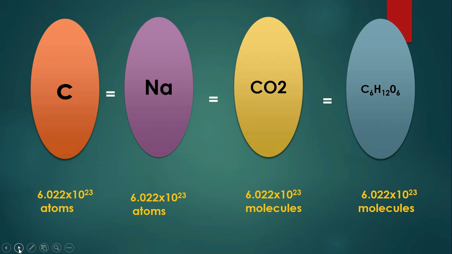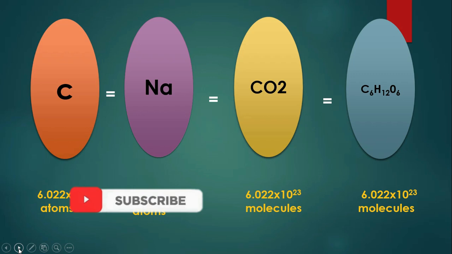Carbon dioxide and glucose are molecules, so we use the term molecule with them. Their composition is different, they are different kinds of substances, but their amount is the same. Why? Just think about it, students.